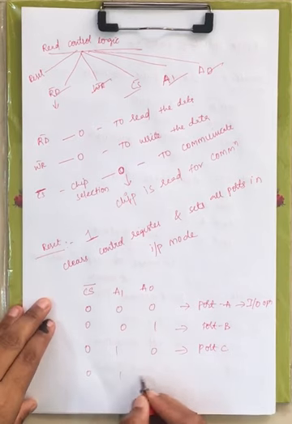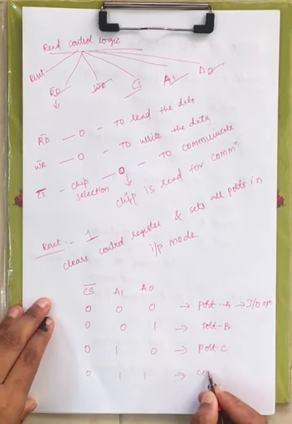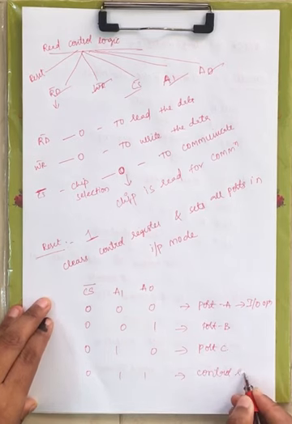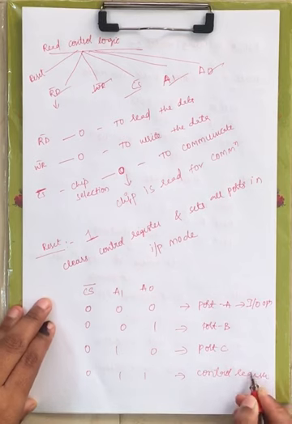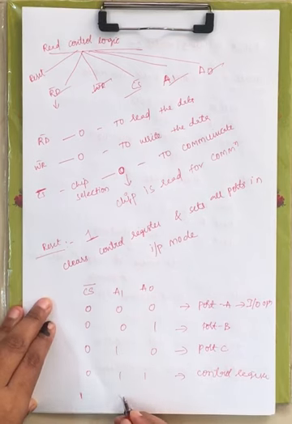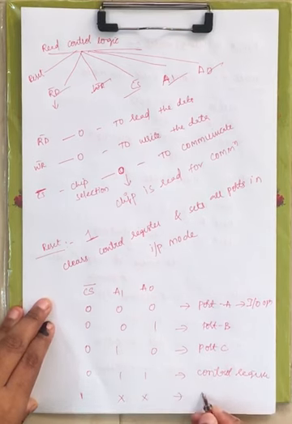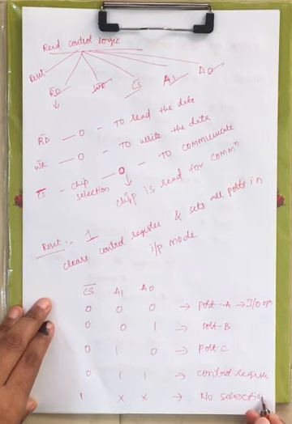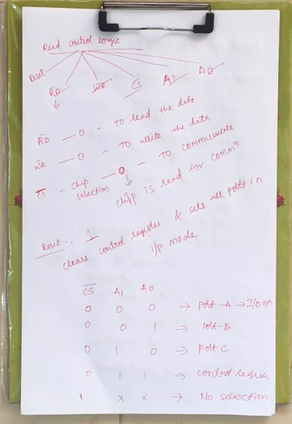And similarly 011, we have one special type of register that we will see after the pin diagram: the control register is selected. When CS bar is 1, irrespective of A1, A0, no port is selected for input output operation.